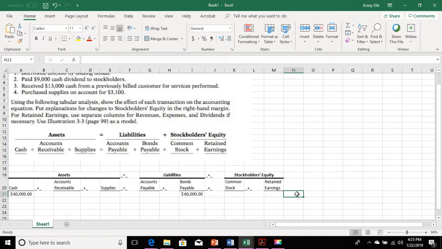Now, there's a couple of tricks you can do here, and I will show them to you. So to make sure you're staying in balance, let's put in a formula. You start that with an equals sign.